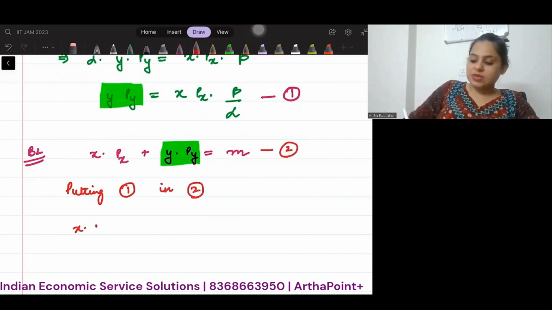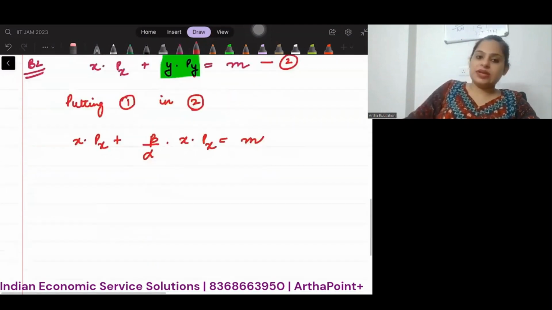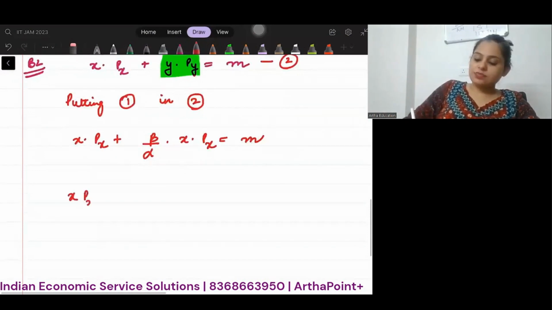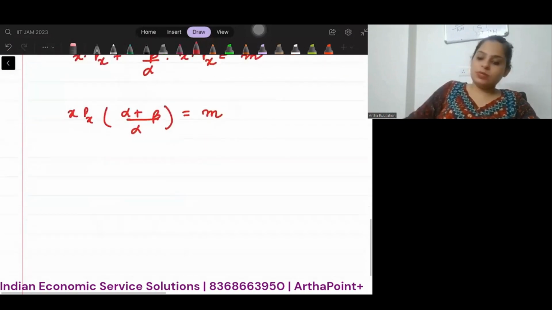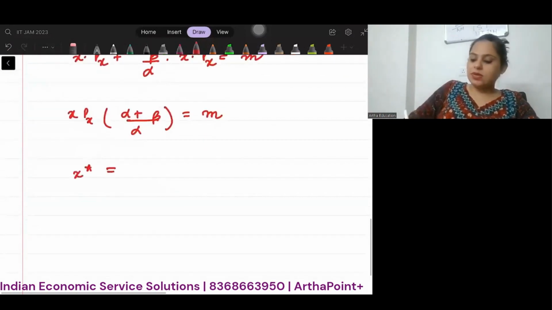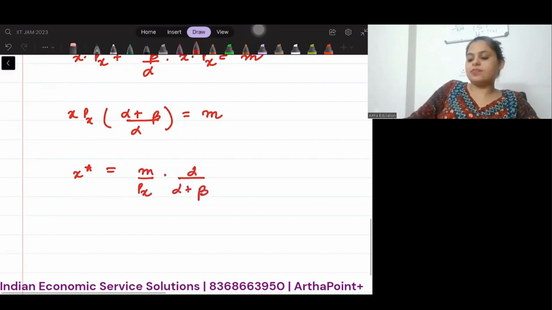So I will get x px plus beta by alpha x px is equal to m. Take x px common. You will get alpha plus beta by alpha is equal to m. So what will be your x star? It will be m by px into alpha upon alpha plus beta.